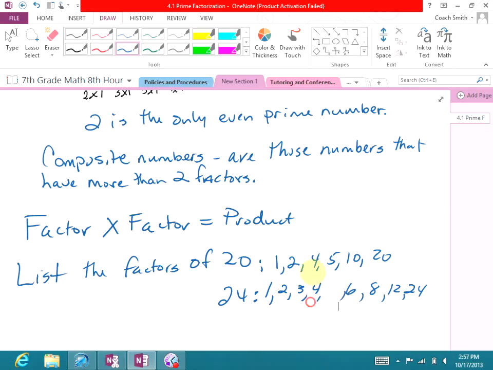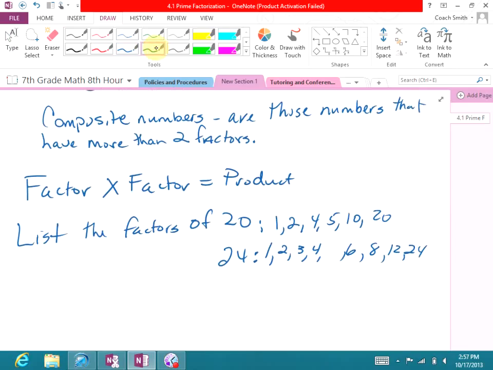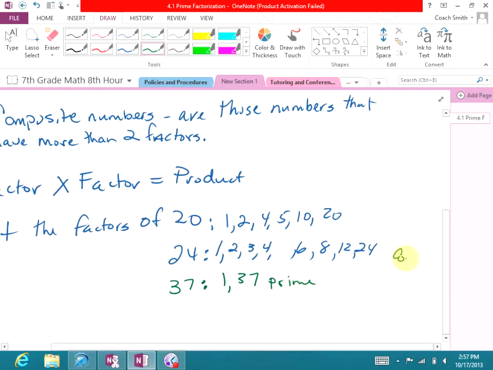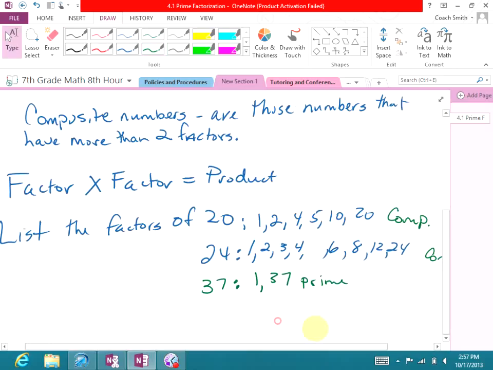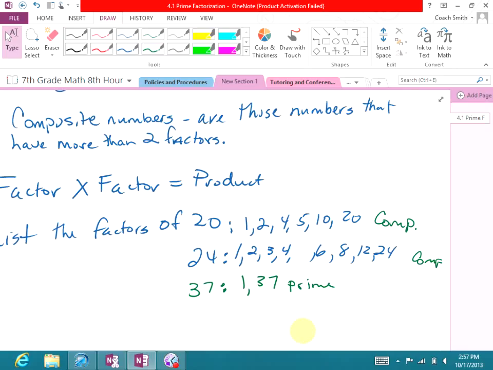Now, if I said list the factors of 37, well, the factors of 37 are 1 and 37. So that number's prime. These numbers are composite. Once again, the reason they're composite is because they have more than two factors.